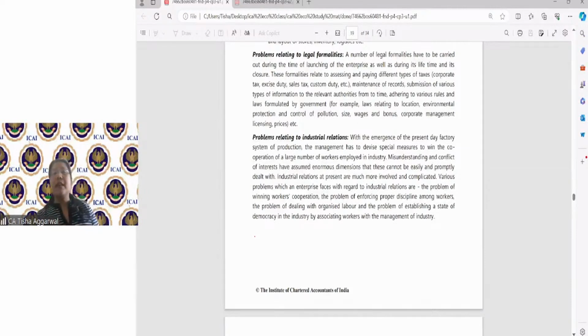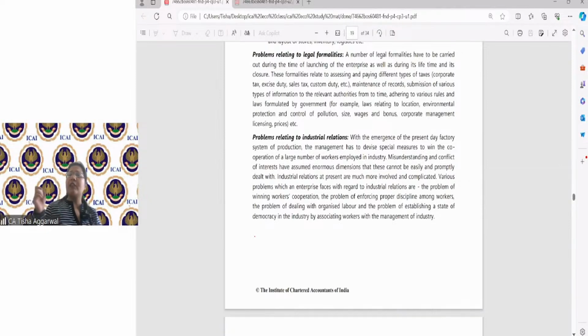Next is problem relating to the industrial relationships. When we talk about problems relating to the industrial relationships, you have to understand that there are major problems. For example, one of the major problems that every business faces is winning workers' cooperation. You must have known that there are a lot of unions which get created. Why is a union getting created? Because the employer has the habit of exploiting the employee.